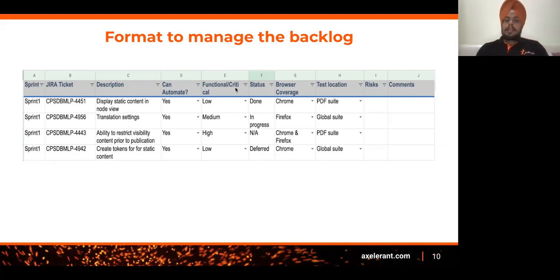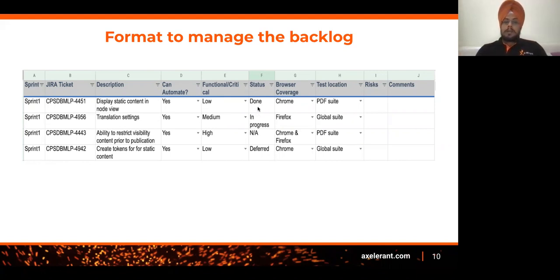Next column is the functionality and the criticality. You're supposed to specify this prioritization as per the client requirement, because sometimes on one website the client was saying the donation form is a very high priority item for me, so we can mark that donation form functionality as high, and then the other functionality based upon the other requirements.